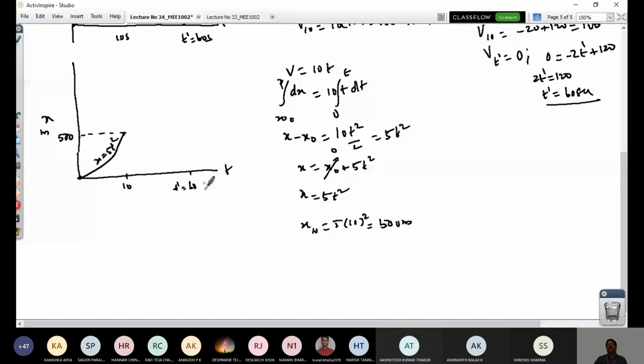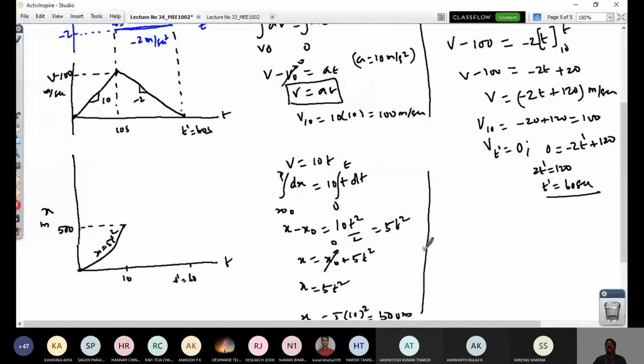For that, let us take that interval. What is my equation of motion, the velocity? Velocity is given by minus 2t plus 120. So this is dx by dt, which is minus 2t plus 120.